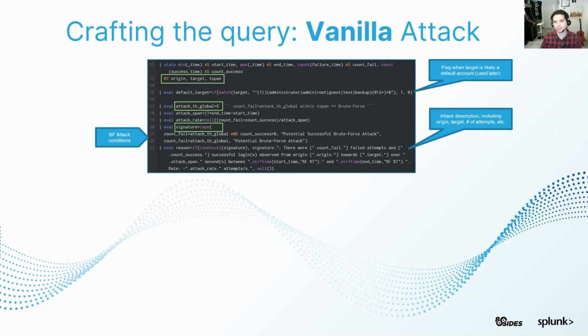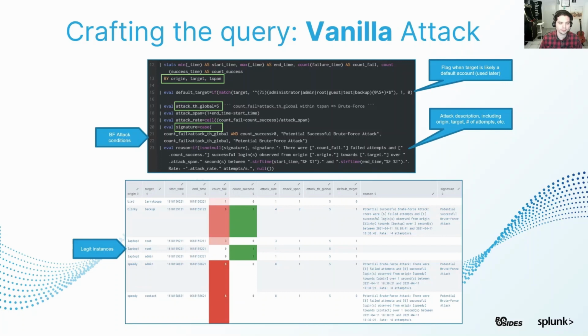I also have a quick flag just to differentiate if the user account is a default one or not. And you can add as many other entries here as you want. I will later also recommend you can also use, of course, macros or lookups in order to do that.